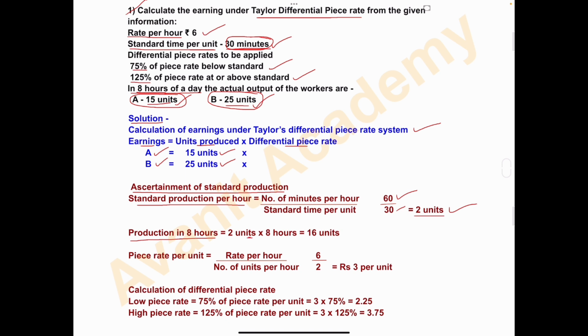Per hour 2 units into 8 hours, that is 16 units. So in 8 hours, total how many units can be produced? 16 units. So the standard set by the company is 16 units in 8 hours. Got it? This is the standard output.